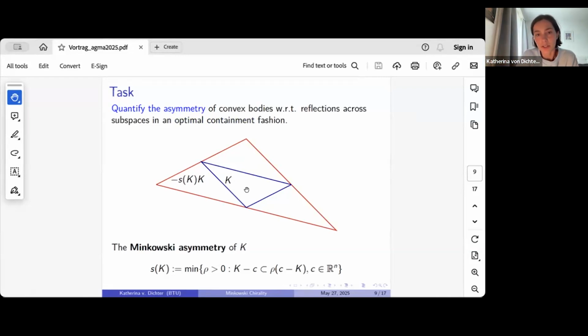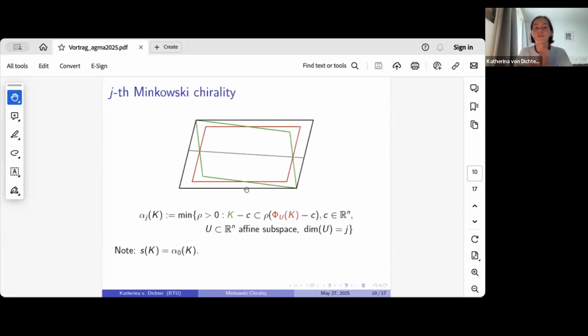As you see here, we are restricted to the point asymmetry. But as we have also understood from the task of the chemists, they're not really interested in the point symmetry, but they're interested in symmetry with respect to some higher dimensional affine subspaces. For this, we need to introduce the chirality, which we call the Minkowski chirality.